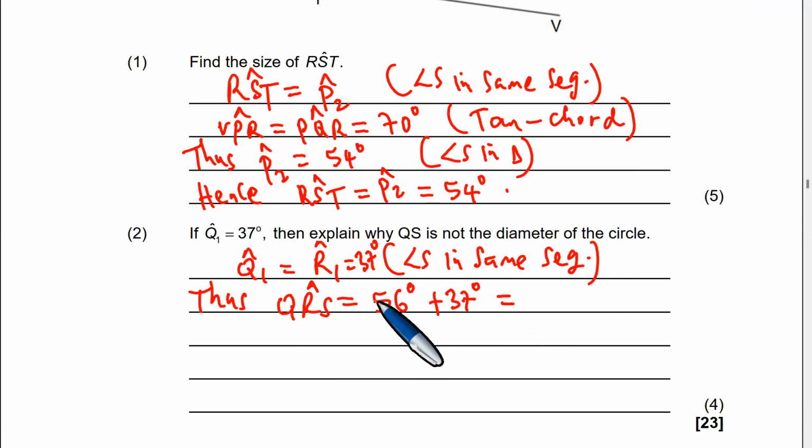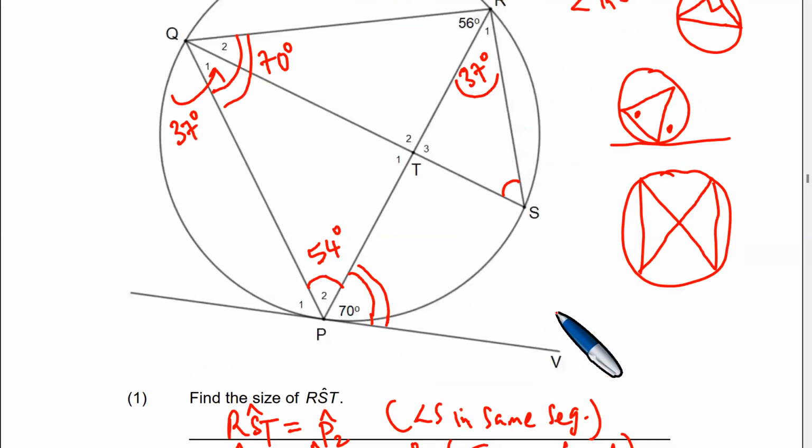If you add them up, 50 plus 30 is actually 80. Then if you add the other two, they give exactly 13. So you have 93 degrees. So QRS is actually 93 degrees, right?